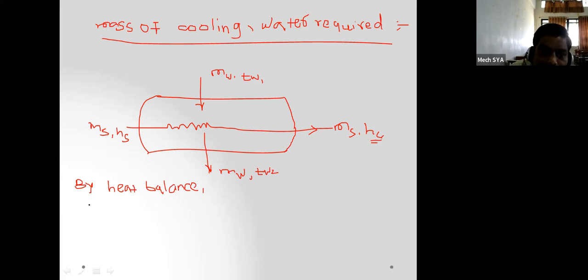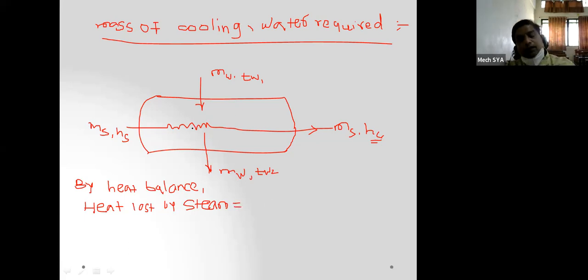Heat will be lost by steam. Steam is losing the heat because it is cooling, exhausting steam. Heat lost by steam is equal to what? Who is getting the heat?